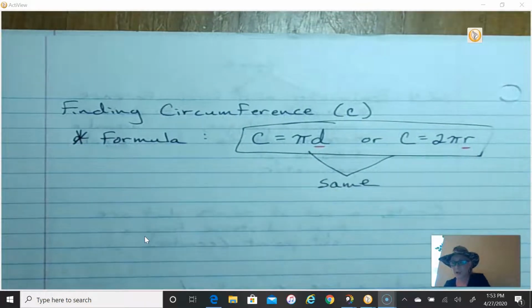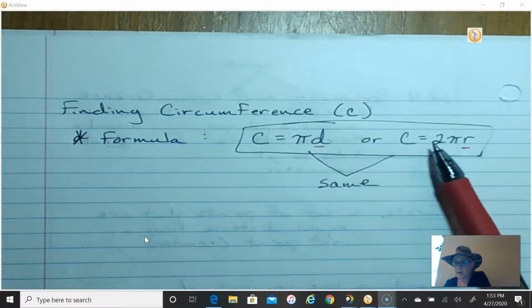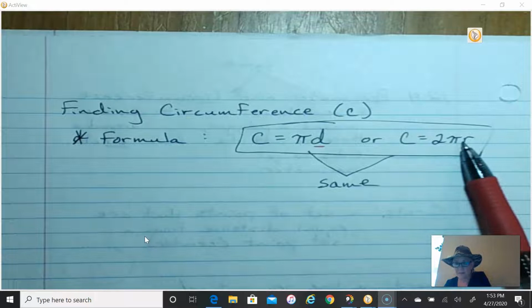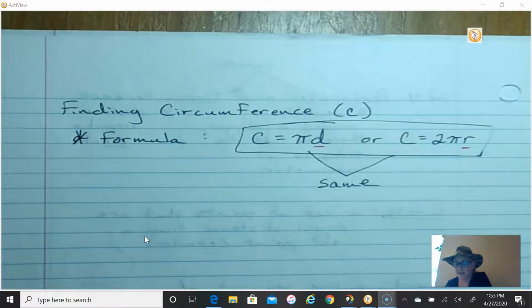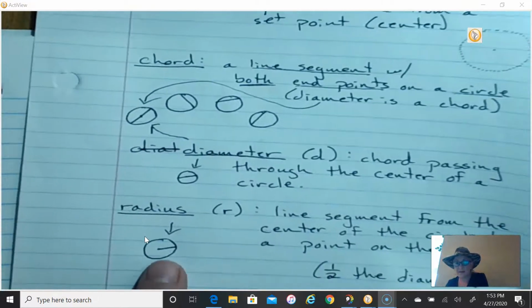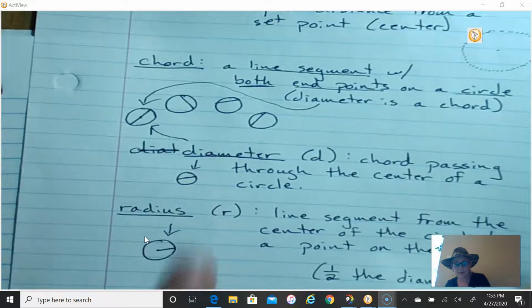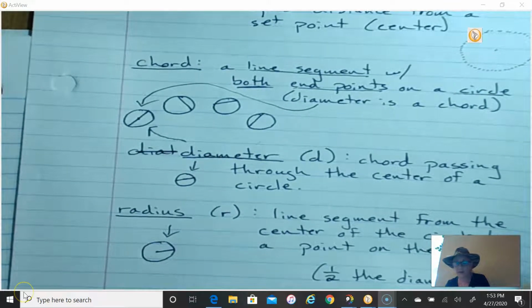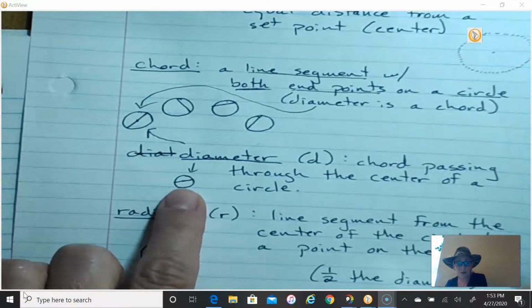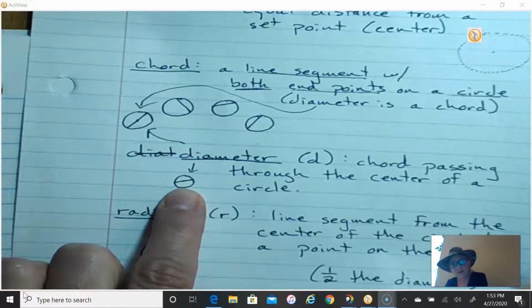Now question, why did they put a 2 in here when using radius? The reason is that the radius is half of the diameter. The diameter is 2 radiuses, or radii, because radii is plural.